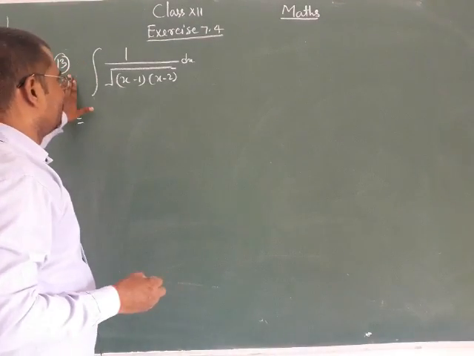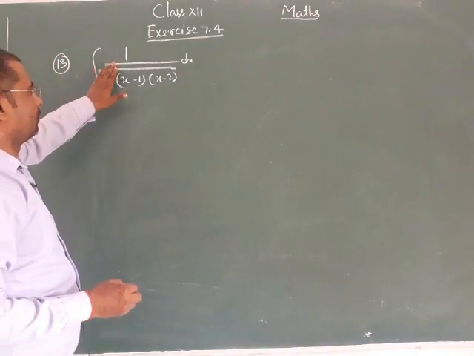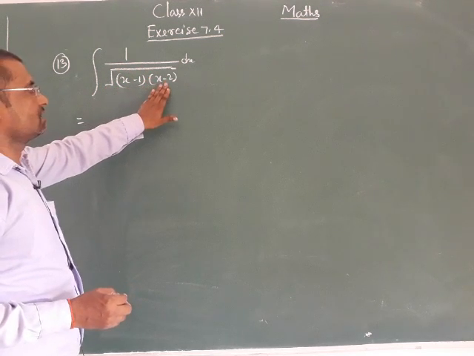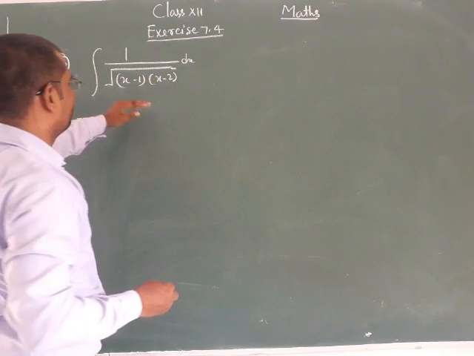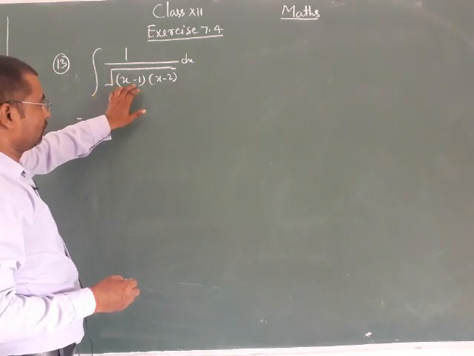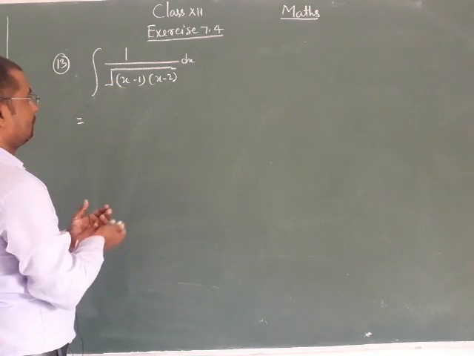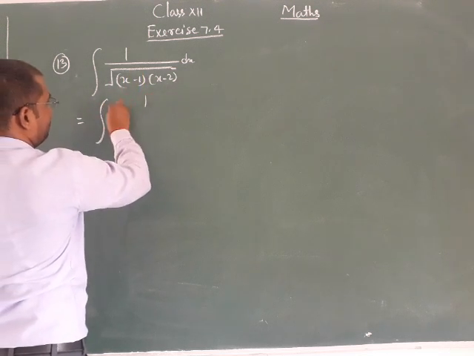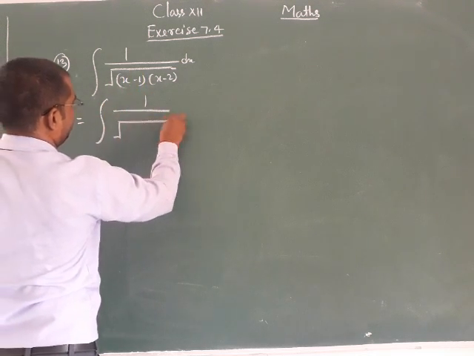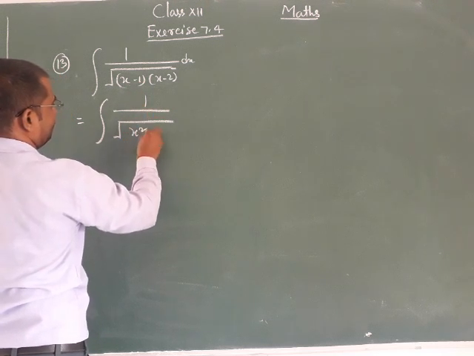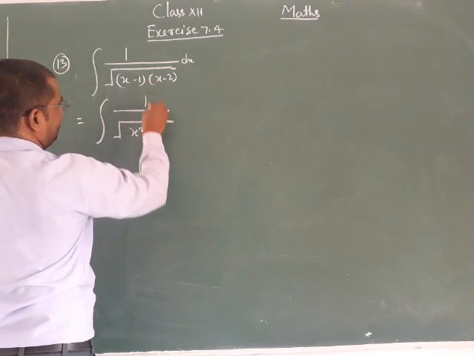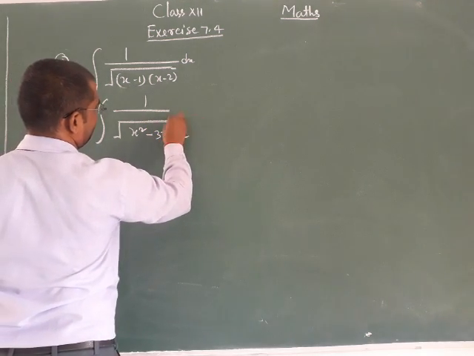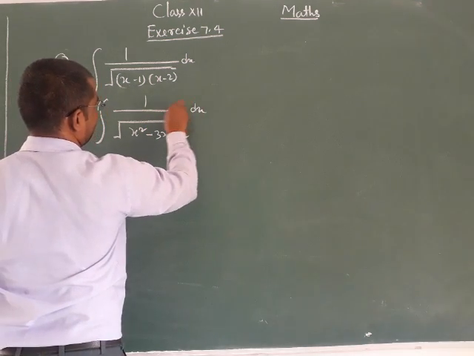Question number 13. Integral of 1 upon root x minus 1 x minus 2. So now calculate this. We get 1 upon root x square minus 3x plus 2 dx.